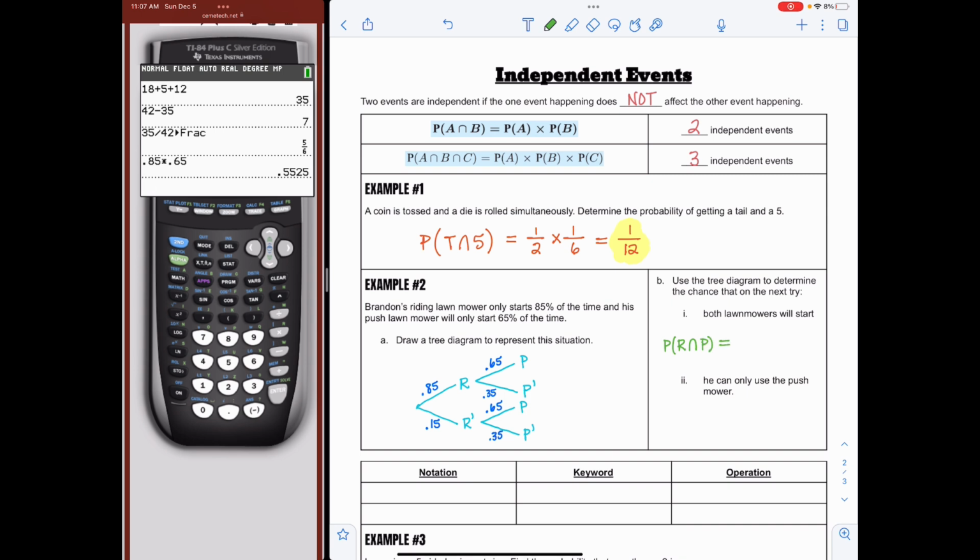Neither one of these affect each other, so I'm going to multiply their probabilities. So I'm going to do 0.85 times 0.65. And when I multiply that, I end up getting 0.5525.